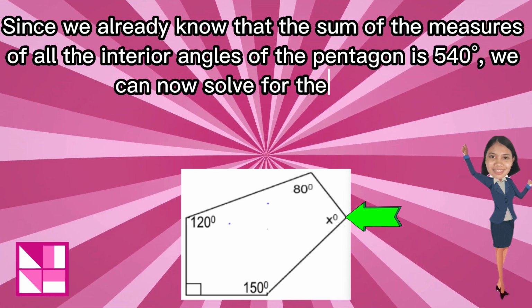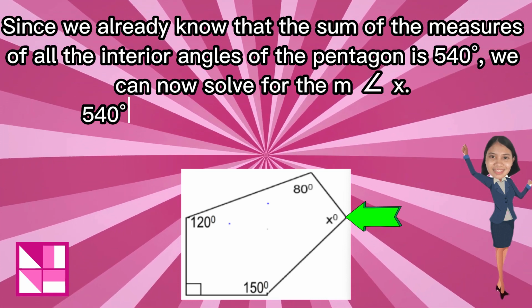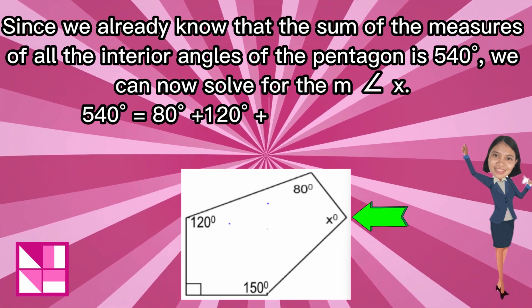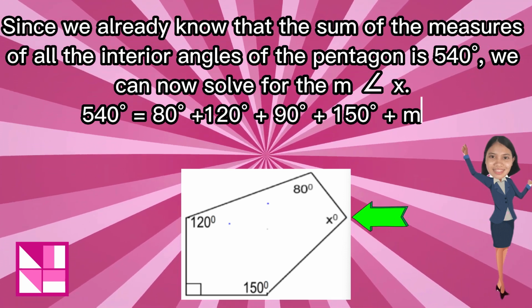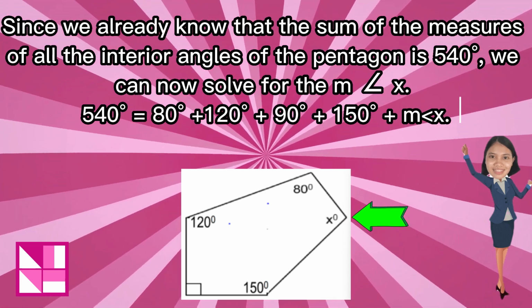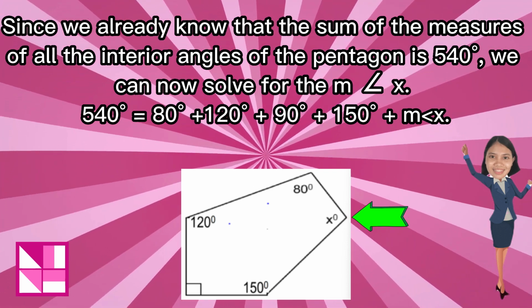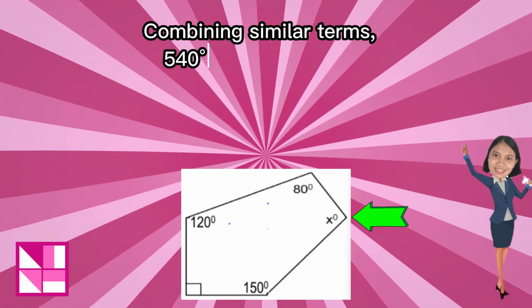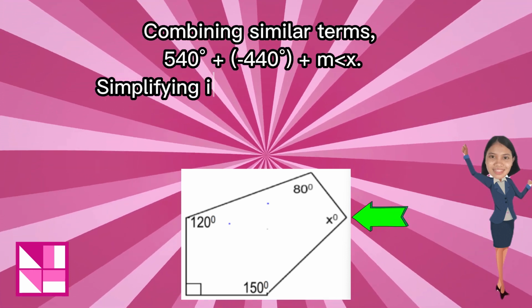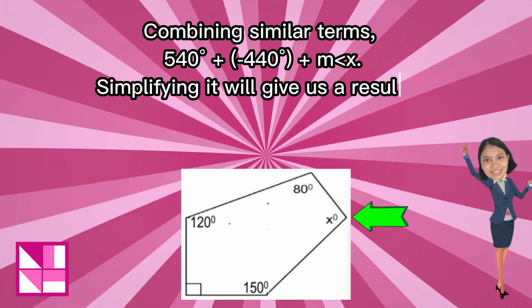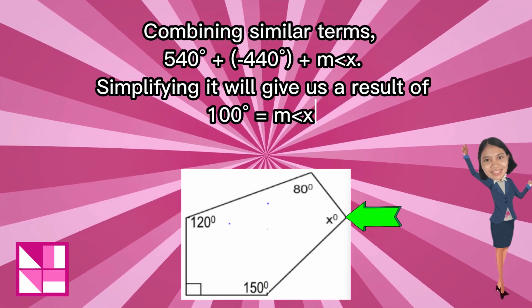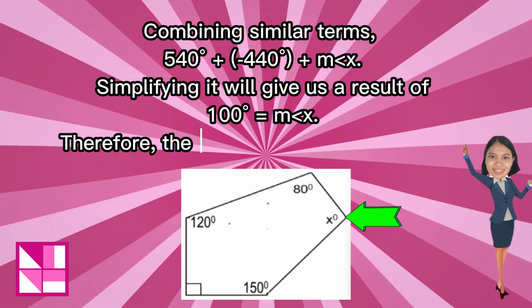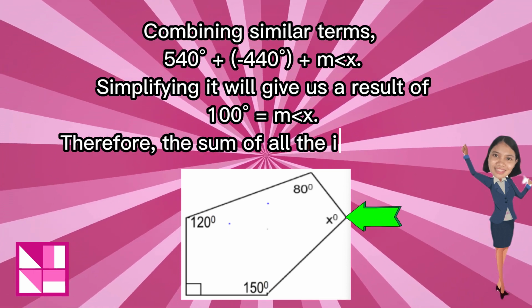By substituting, we have 540 degrees equals 80 degrees plus 120 degrees plus 90 degrees plus 150 degrees plus the measure of angle x. Combining similar terms, we have 540 degrees equals 440 degrees plus the measure of angle x. Simplifying it will give us a result of 100 degrees equals the measure of angle x.